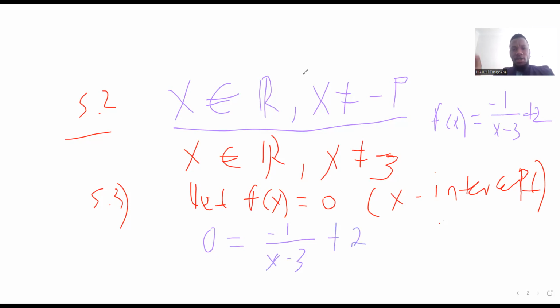So there's a couple of ways of solving this. One way is to take 2 to the other side and cross multiply. If we do that, then we're going to have minus 2 equals minus 1 over x minus 3, right? Then what we need to do is cross multiply. So we're going to have minus 2 times x minus 3 equals minus 1, right?